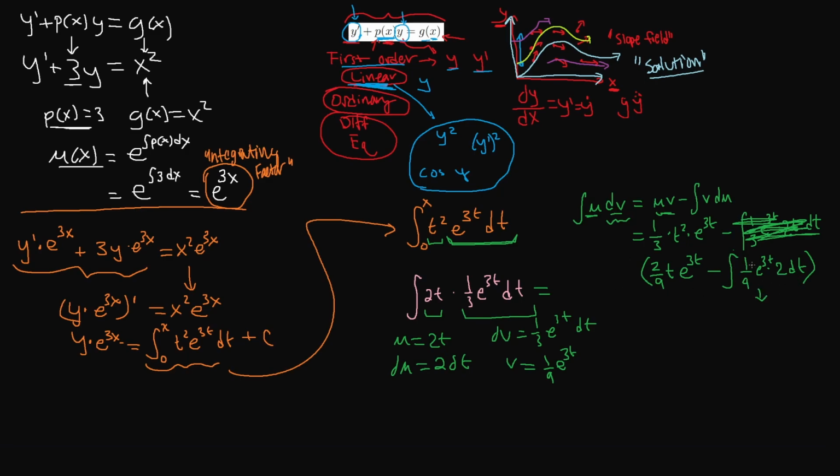Now this integral right here, the only thing we have is an e term, which is kind of easy to find. We can pull our constants out, and remembering that another 1/3 comes down, we have 2/27 e to the 3t.